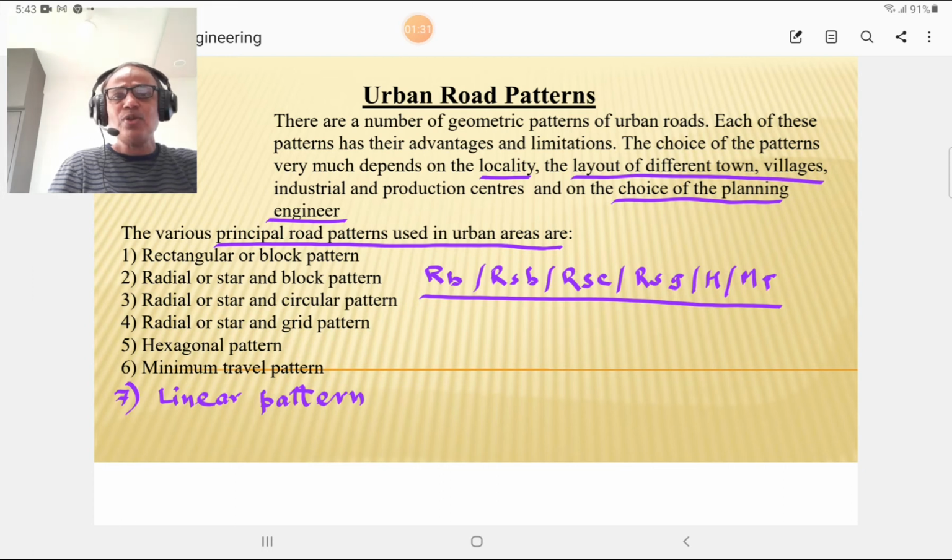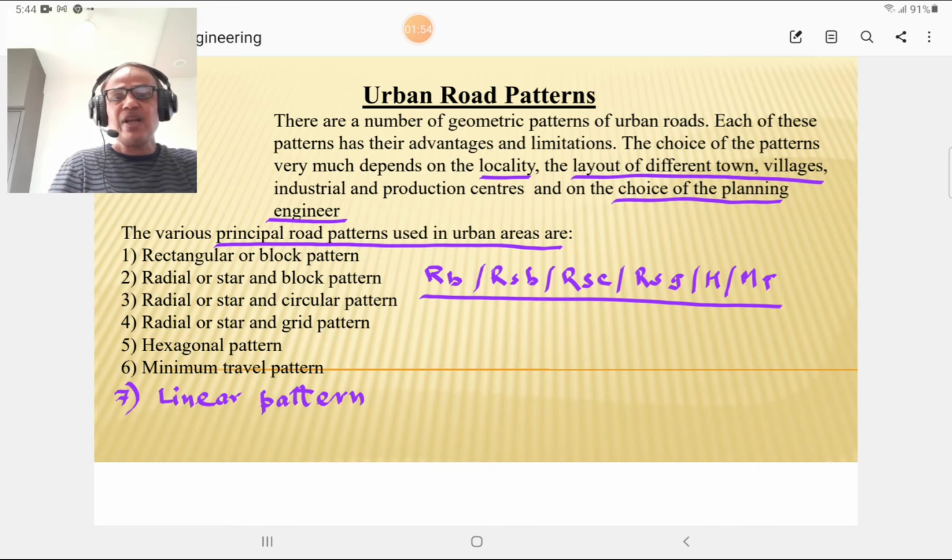The various types of road patterns in urban areas, you must remember these 6 or 7. Rectangular or block pattern is the first. Second is the radial or star and block pattern. Third is the radial or star and circular pattern. Fourth is the radial or star and grid pattern. Fifth is the hexagonal pattern.